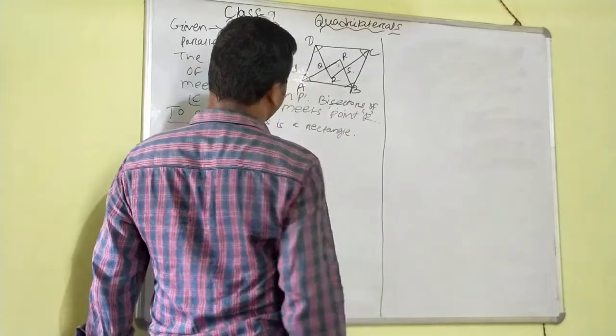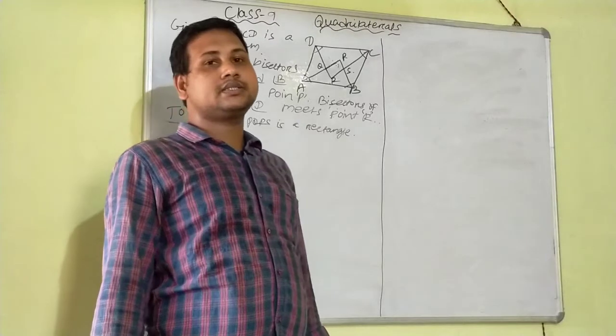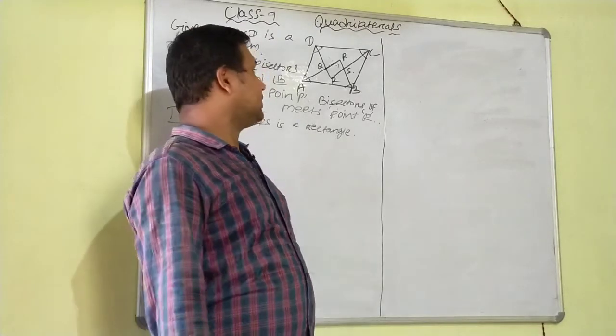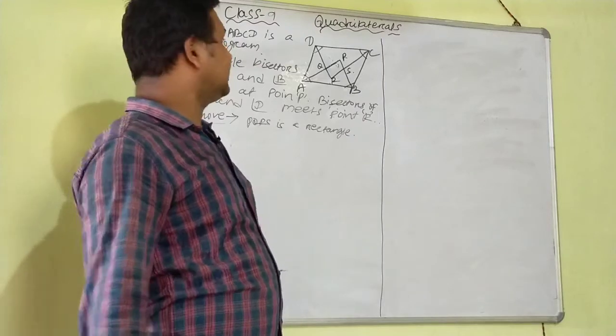So first we have to prove PQRS is a parallelogram as well as one angle is 90 degrees.